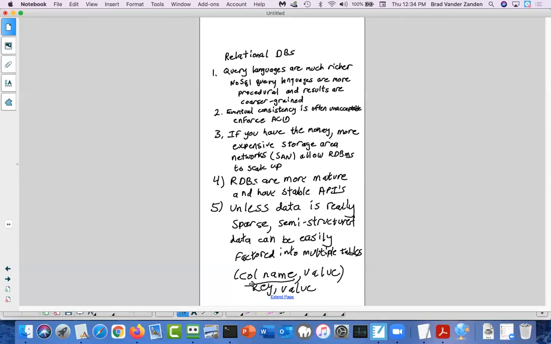For example, if you have an integer that's 4 bytes, but a column name like salary is 6 bytes, the column name may actually take more storage than the value. So there are, in fact, a lot of disadvantages associated with NoSQL databases. You have to be careful when using them.